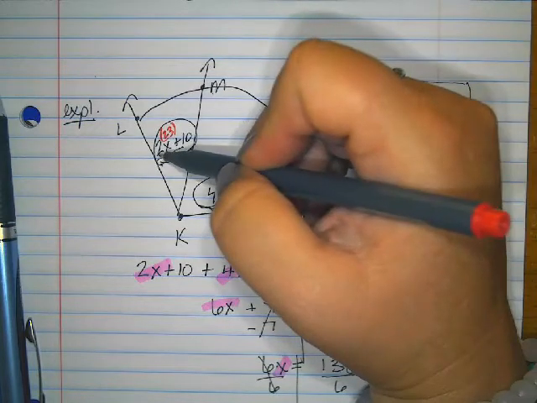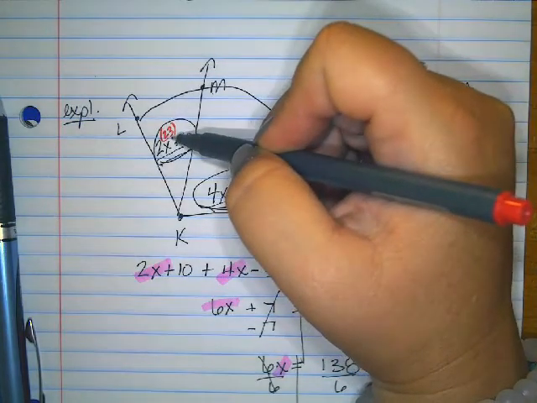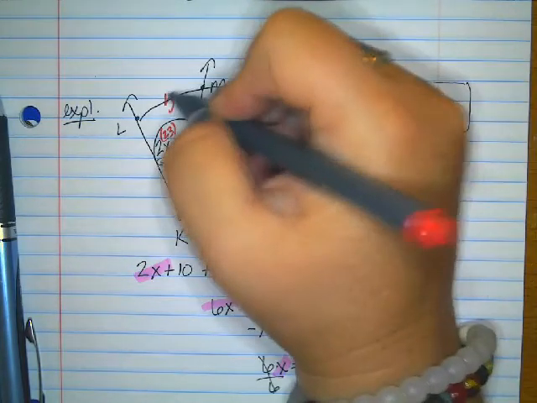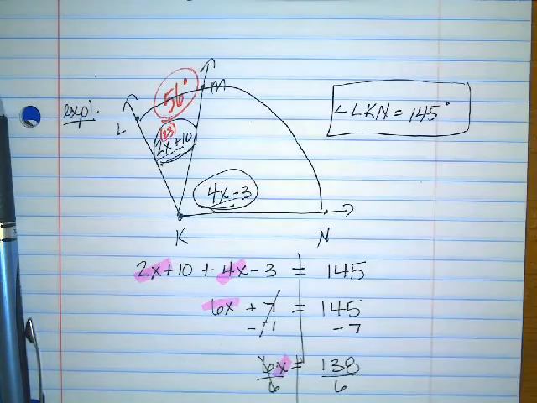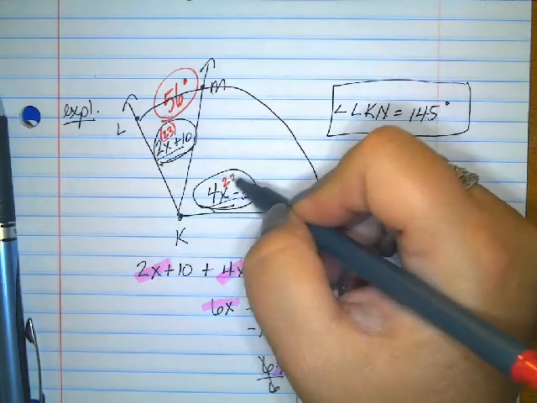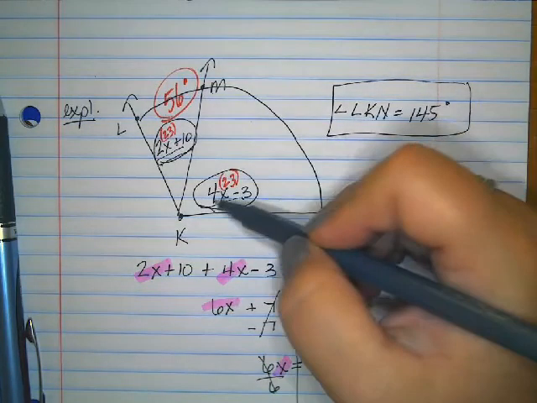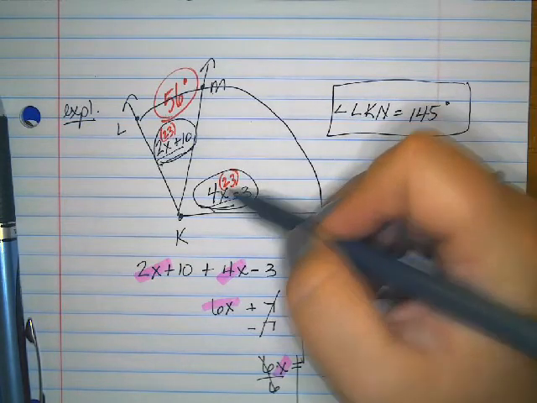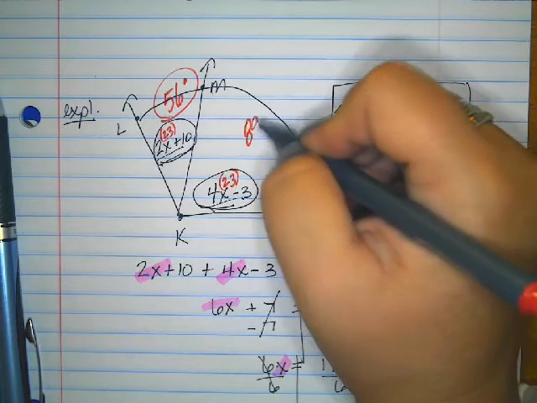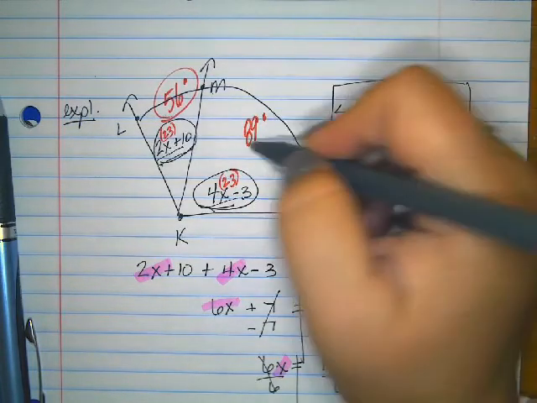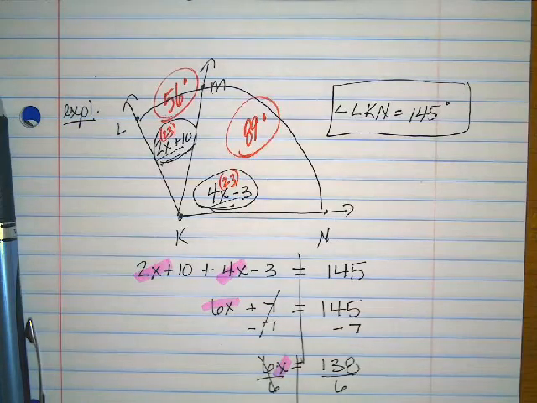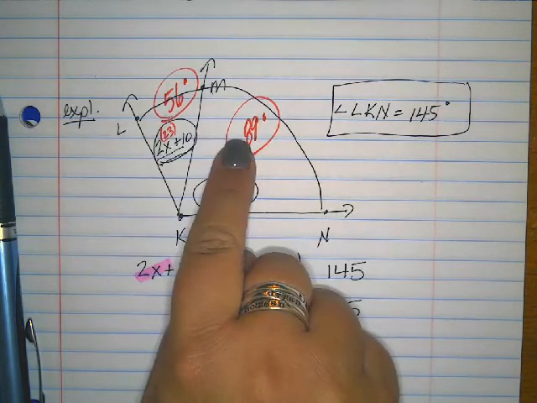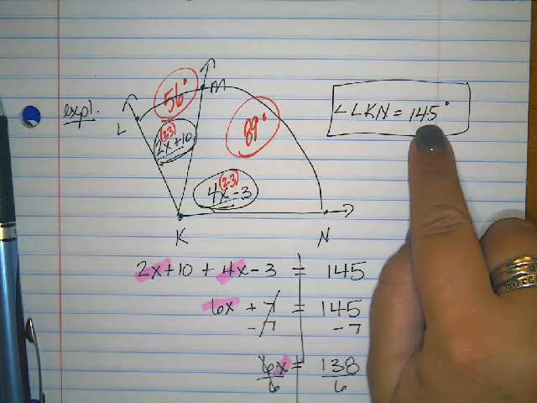I would do 2 times 23, which is 46, plus 10 is 56 degrees. Then I would put 23 into here. 4 times 23 is 92, minus 3 is 89. I could double check my math real quick. These two little pieces should add to be 145.